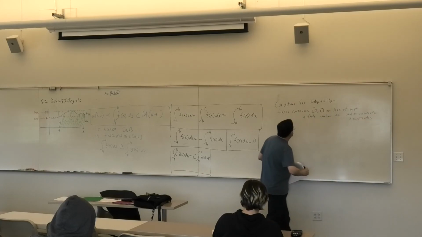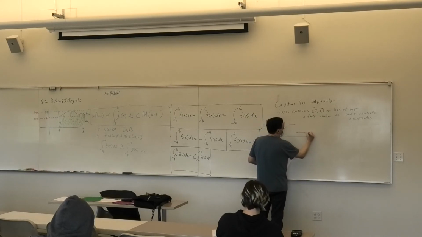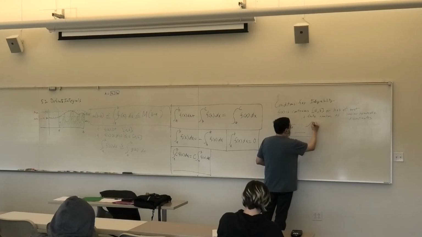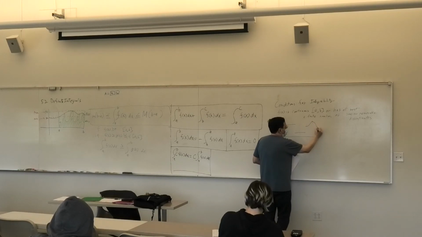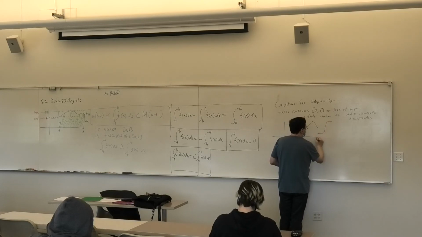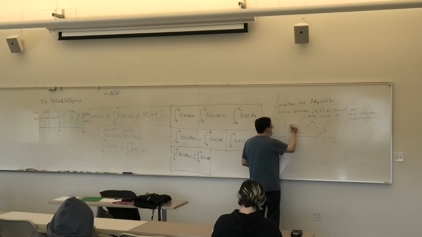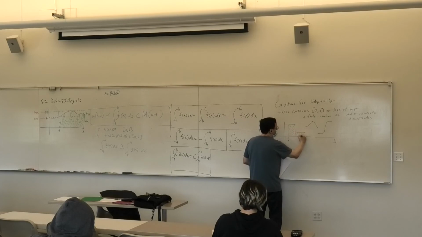Okay, so what does that mean? You have some function, and maybe it's a step function, or maybe it has some holes in it, and it jumps around. So here's a and here's b. You can still find the area under this function.